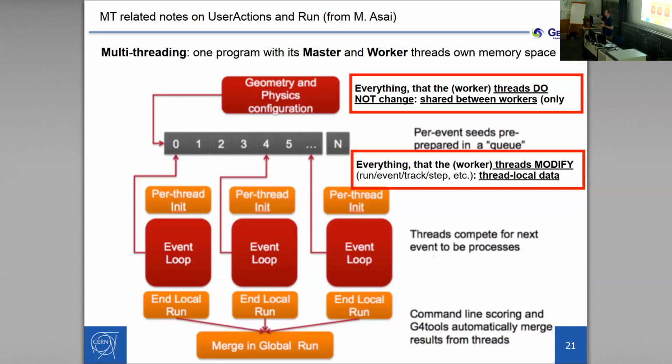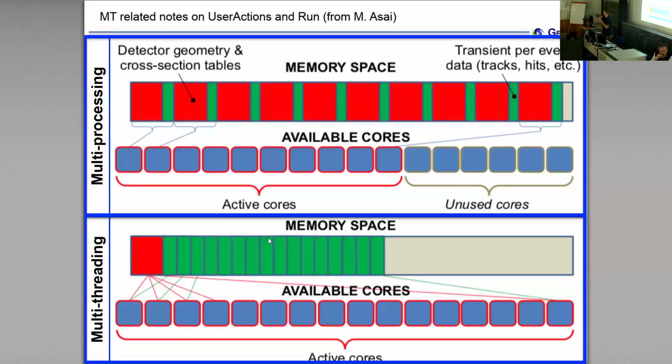It means that each thread will have a copy of that part. Some parts of the physics, the fields, and if you want to collect some information per event, will be thread local information. For example, a collection of hits will have to be thread local. You don't want to mix a collection of hits from two different events.